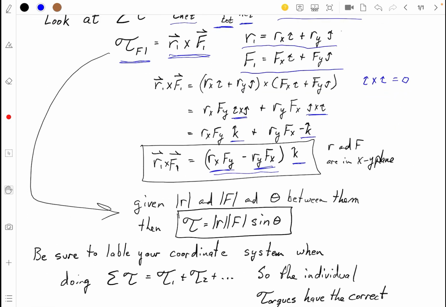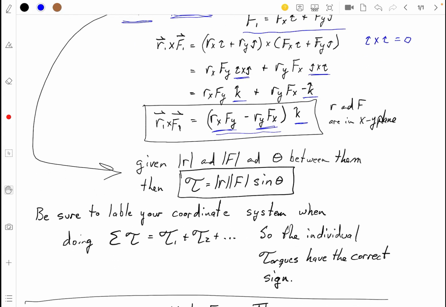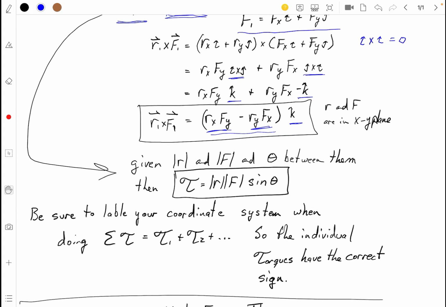Okay, so what if we're given the actual R magnitude and the force magnitude and the angle between them? Well, in that case, then it's easy. You can just do your torque in that case for that force is this.